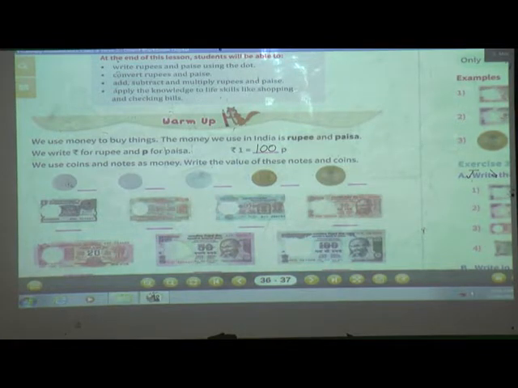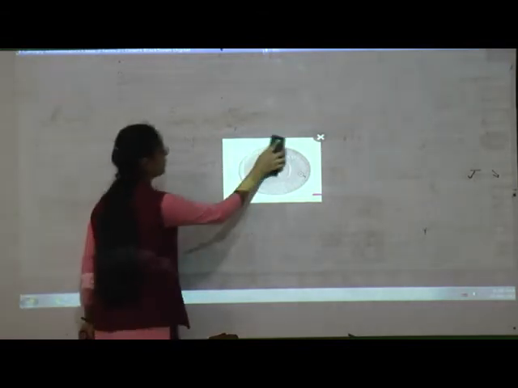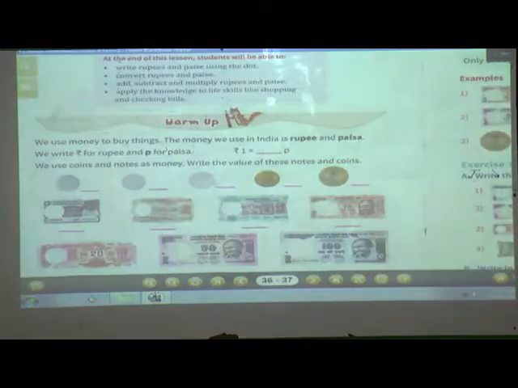See here, this is a coin of 50 paise. Then identify this coin. Yes, it is 1 rupee. Then see this coin now, what is it? See the number. It is a coin of 2 rupees.